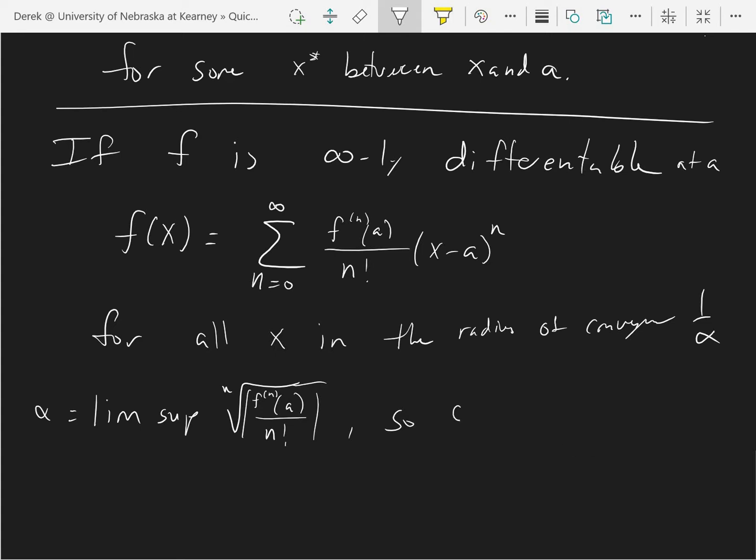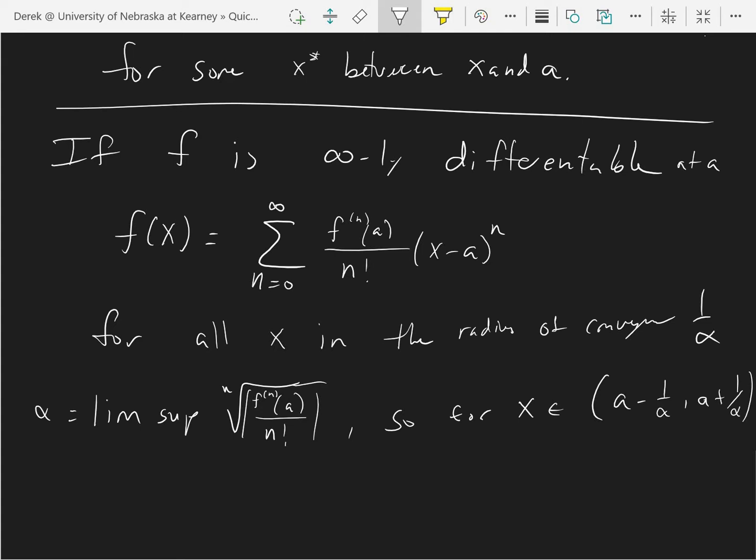So for x in a minus 1 over alpha to a plus 1 over alpha. We would have to test the endpoints to see if it works out there, but we at least know that it's true in there.